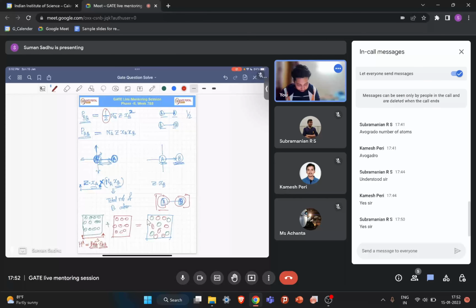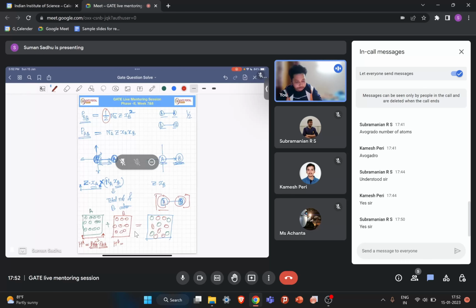In this case also, H of B, what is this? This is PBB into epsilon BB, right? Here it is pure B, so all the bonds are BB type. There is no AB type or AA type of bonds.